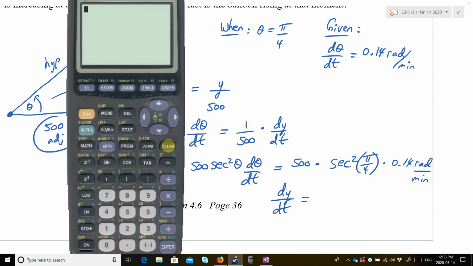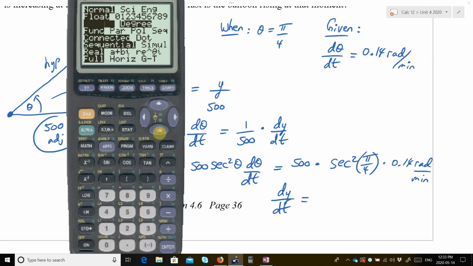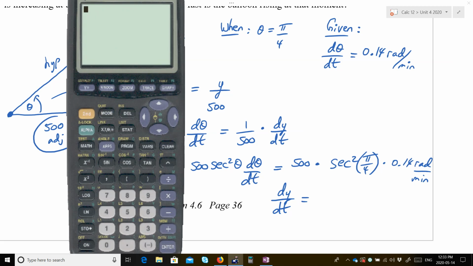Okay, so how are we going to do secant squared pi over 4? I'm just going to make sure I'm in radian mode because the angle is in radian measure. Secant is just 1 over cos. So we'll have 1 over cos of pi over 4, but it's secant squared, so we're going to have to square this whole big thing as well. So I'm going to put brackets around all of it. That is secant of pi over 4, and so squared would be like that.